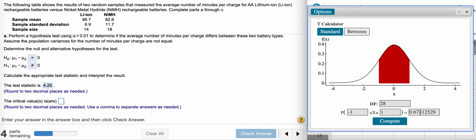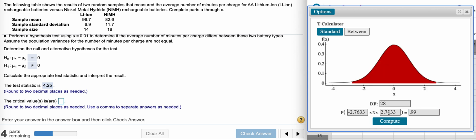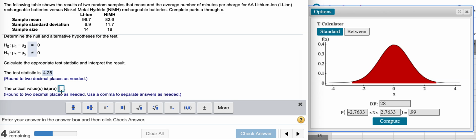So I'm going to change the area on the right; the area of the red shaded region should be 0.99, leaving 0.01 as the total in the tails. In this case, I've got two critical values: negative 2.76 and positive 2.76.